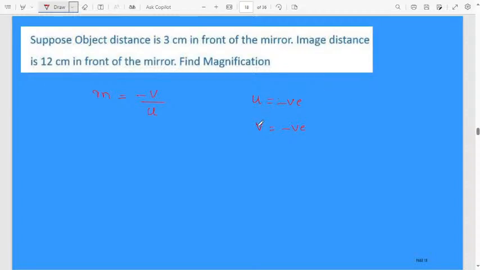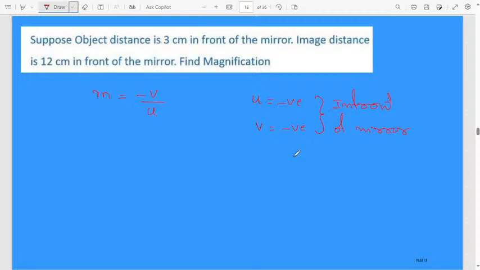If the object and image both are in front of the mirror, in that case we will consider u with a minus sign and v with a minus sign. If the object or image is behind the mirror, then in that case we will consider it positive. You have to keep that in mind in the case of mirrors.